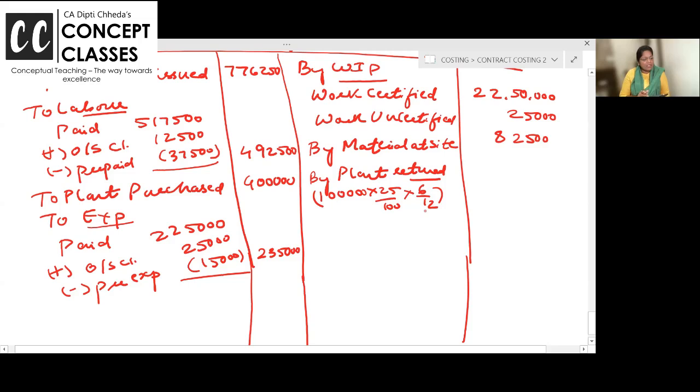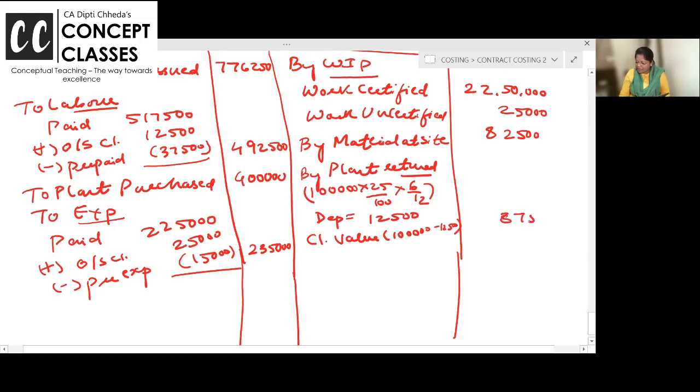April to September, only 6 months it is used, and 25% WDV. 1 lakh into 25% is 25,000, and into 6 divided by 12 is 12,500 depreciation. So the closing value of the plant returned is 1 lakh minus 12,500. Is it correct? 1 lakh minus 12,500, that is 87,500.